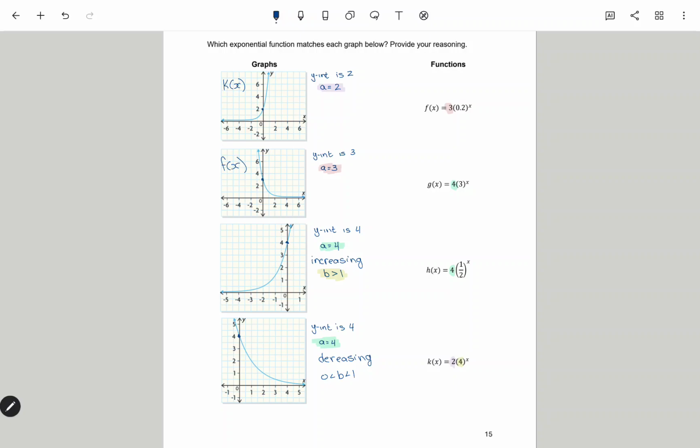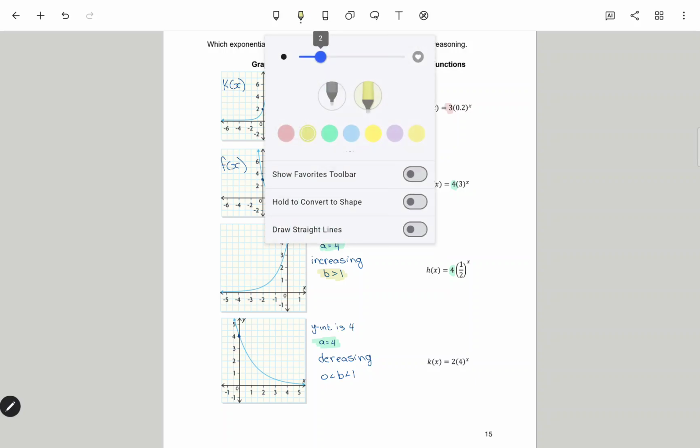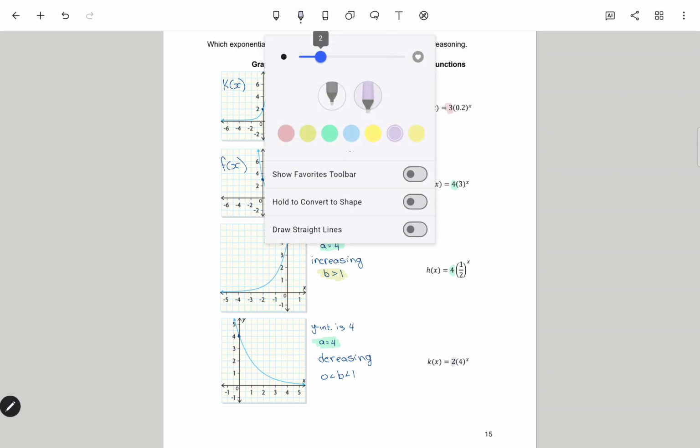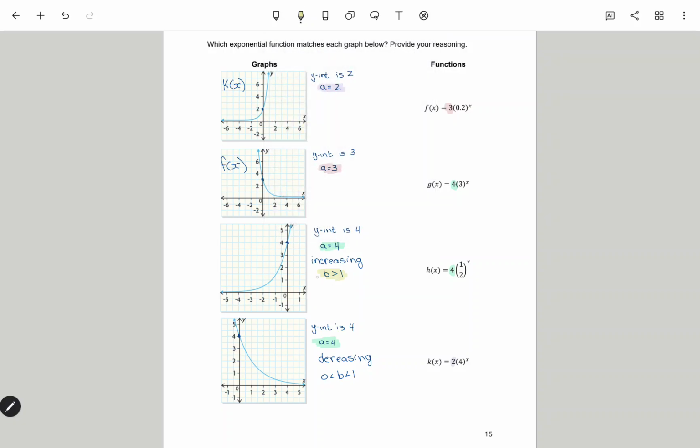Oops, sorry, wrong one. It is bigger than 0, but that is already claimed. Sorry, looking at our 4s, we want a b value greater than 1, so that's this guy here. So we know this is g of x.